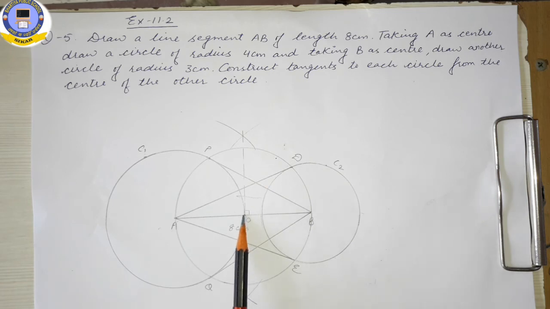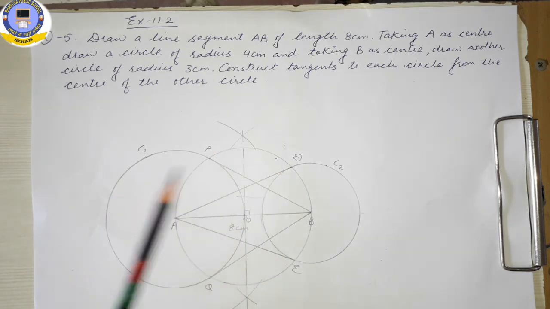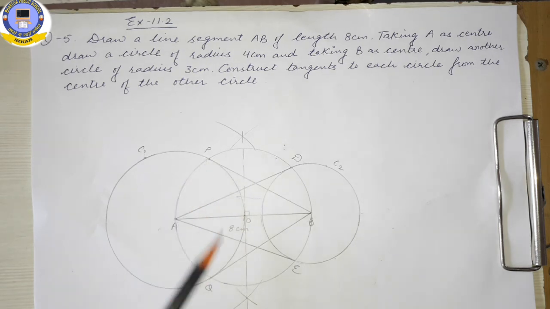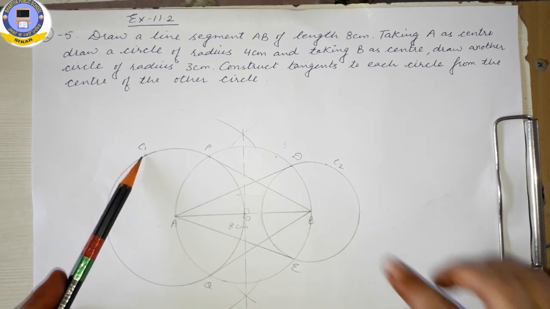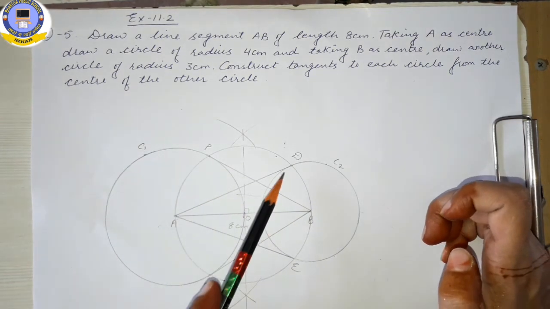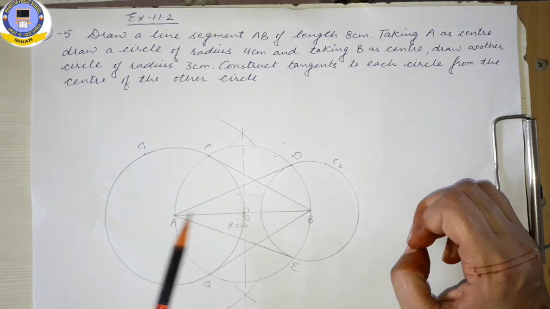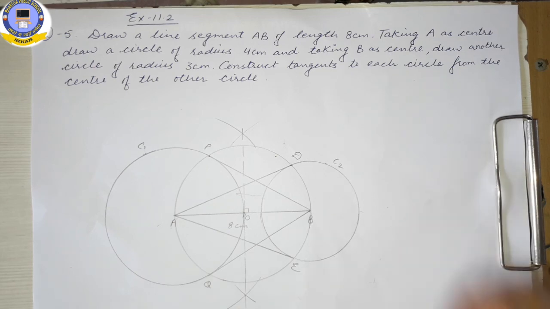Taking O as center and OB as radius or OA as radius, draw a circle which must pass through A and B, and this new circle has intersected our given two circles C1 and C2 at distinct points. Label them as P, Q and D, E. If we will join P and Q with B, so we will get two tangents on C1 from external point B, and if you will join D and E with A, then we will get two tangents on C2 from external point A. So in this way we have completed this construction.